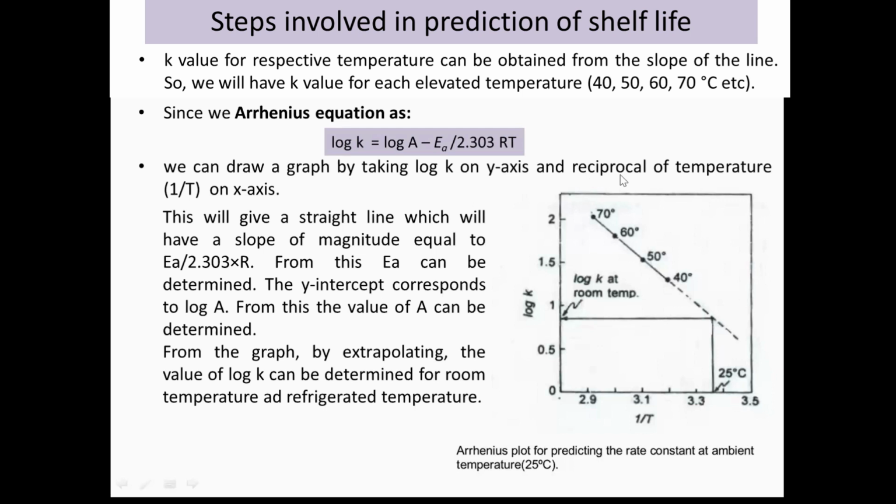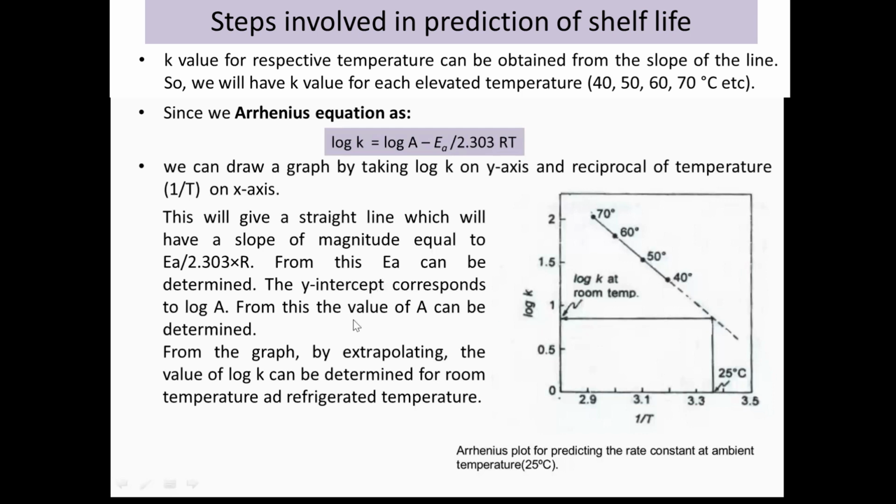axis and reciprocal of temperature on x axis, यसरी 1/T by log K चाहिँ एउटा हामीले ग्राफ बनाउन सकिन्छ हैन. This will give a straight line which will have the slope of magnitude equal to यति, त्यो लाइनको स्लोप भनेकै यति हुन्छ किनभने m भनेको यो भयो हैन. अनि यो लाइनबाट, from this EA can be determined, activation energy पनि निकाल्न सकिन्छ हामीले यसबाट है.